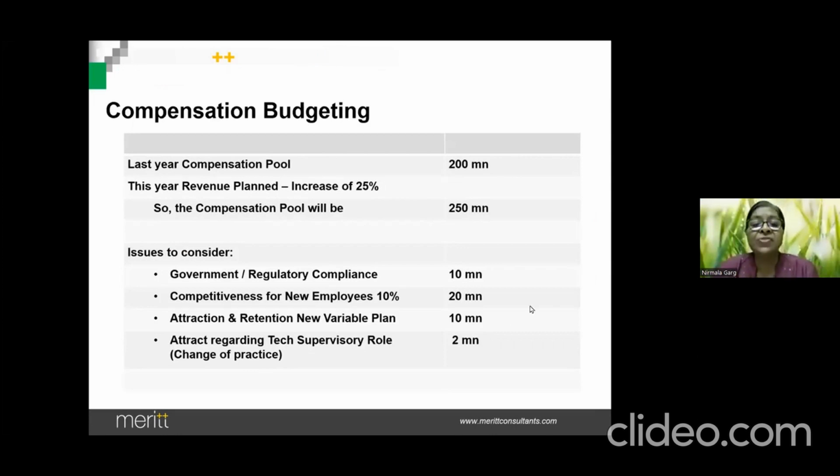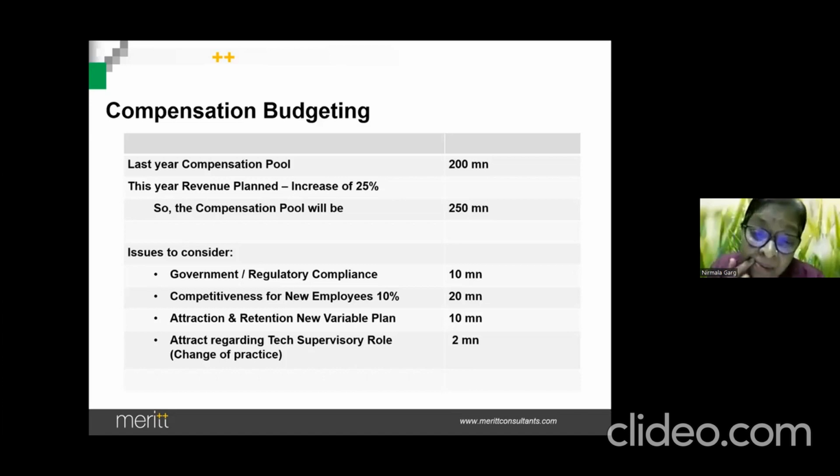Say for example, last year your compensation pool, the amount you spent, was 200 million. Your step one will be to ask the business, as head of HR, are we planning an increase of revenue? Say, for example, this organization is planning an increase of revenue by 25%.